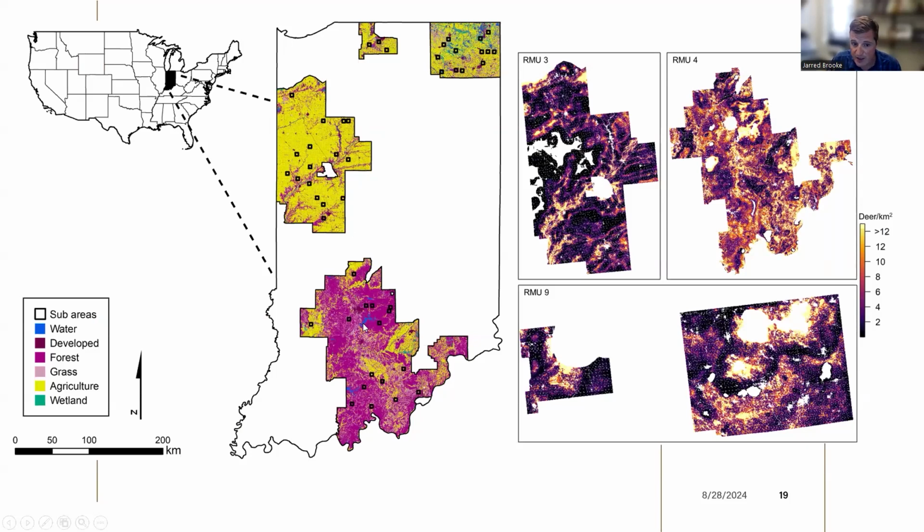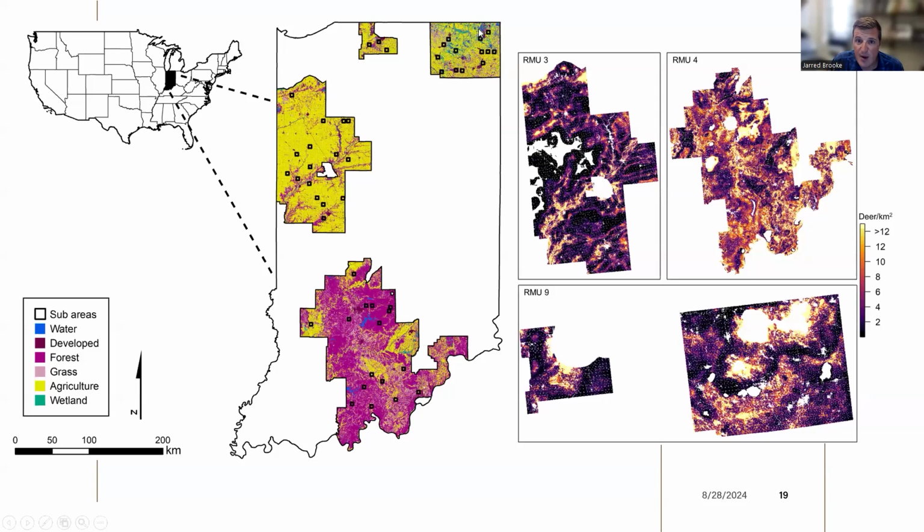In the southern part of the state, we have a lot more forests, a lot less ag, but we still have a pretty homogeneous landscape in that we have lots of forest, especially lots of mature closed canopy forest, and not a lot of other vegetation types spread out through there, maybe some ag mixed in. But if you look at this top one here, Northeast Indiana, we have a mix of different vegetation types.